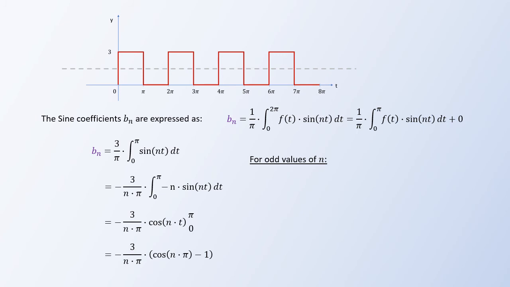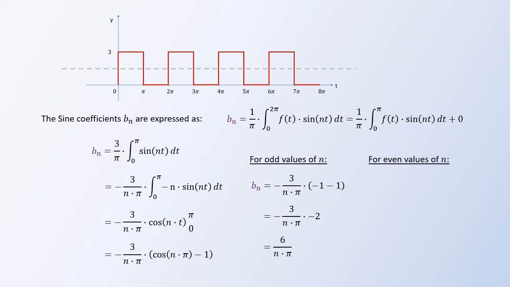And the cosine of each of those is going to be negative 1. So negative 1 minus 1 will give us negative 2. So multiplying this out, the negative signs cancel out, and we get 3 times 2 over n pi, which is 6 over n pi. Okay, so that's the odd values of n.